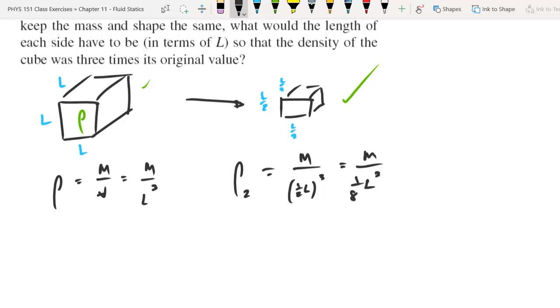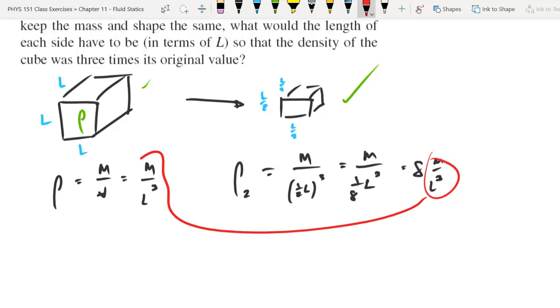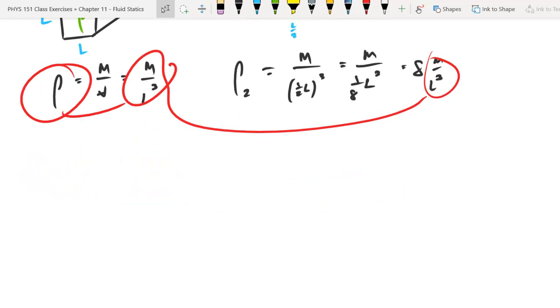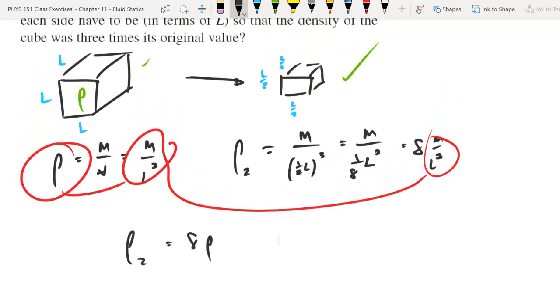We get, bring the 8 on top, 8m over L cubed, right? But m over L cubed is rho. And so the density of this new one, rho 2, is equal to 8 times the density of the old one, which makes sense, right?